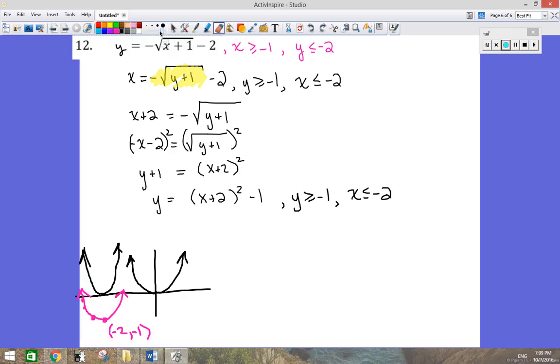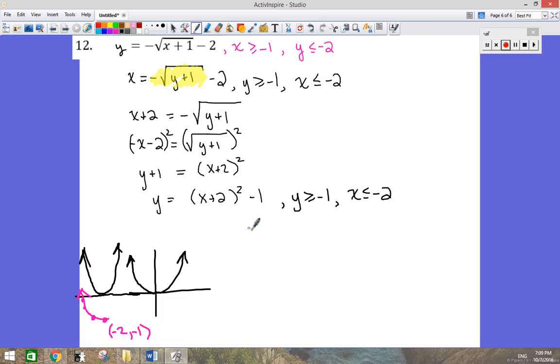So that means I've got to come down here and erase that, because that's not on the graph for this function since we restricted the domain. Well, we knew that from the original graph that it was a one-to-one function. We now have an equation for its inverse, and we know this inverse is a one-to-one function.